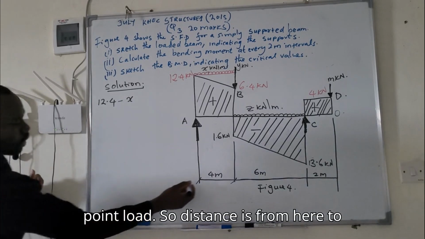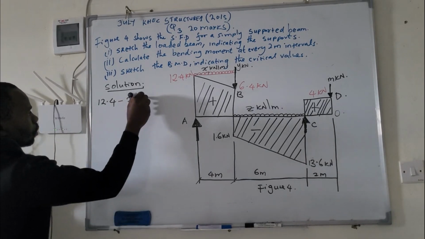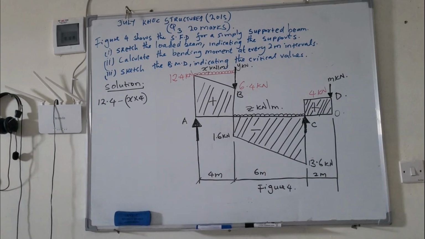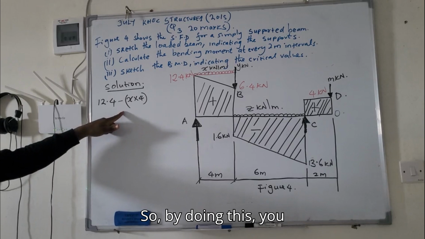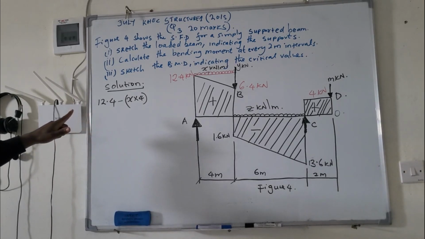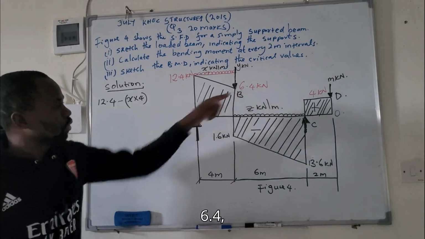The distance is from here to here, so times 4. By doing this it should give you 6.4.